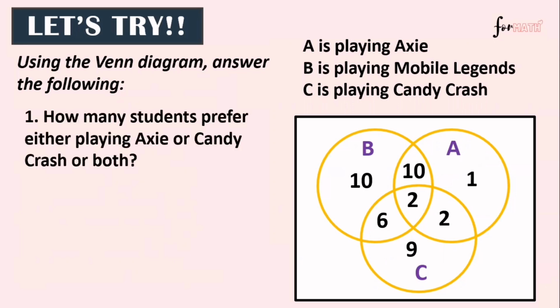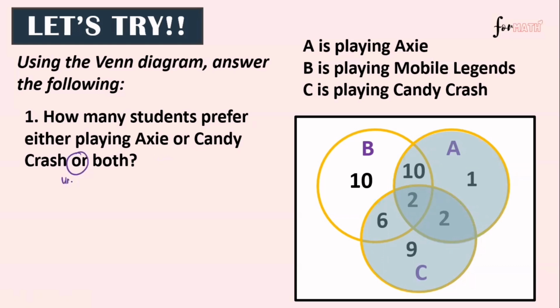So number 1, how many students prefer either playing Axie or Candy Crush or both? So, ibig sabihin, tinatanong dito, kung ilan daw yung estudyanteng gustong maglaro ng Axie or Candy Crush or both. Okay? Yung or means union. Pag may nakita kayong word na or, it means union.